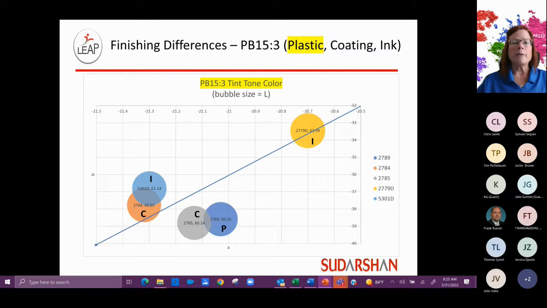So the red greenness development between these grades is a lot less in the one grouping at the bottom there. However, there is a distinct difference between the development of the blueness, where the coatings grade and the plastics grade are the most blue in terms of its color development.